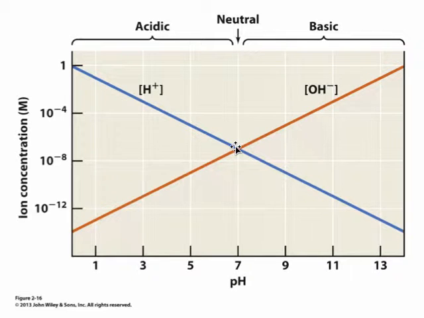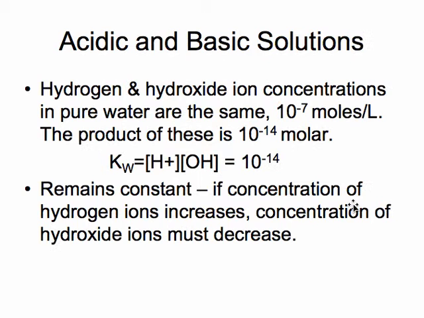If the amount of hydrogen ions increases, we have to have a decrease in the amount of hydroxide. Conversely, if hydroxide ions increase, we have to have a decrease in the amount of hydrogen ion concentration because of our constant here.